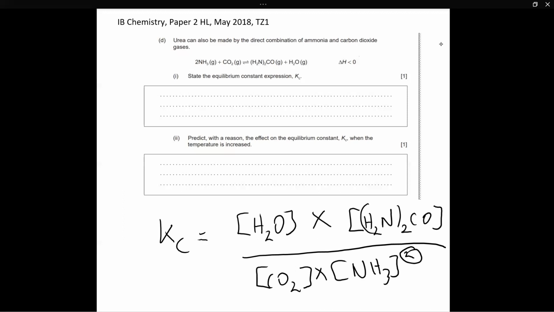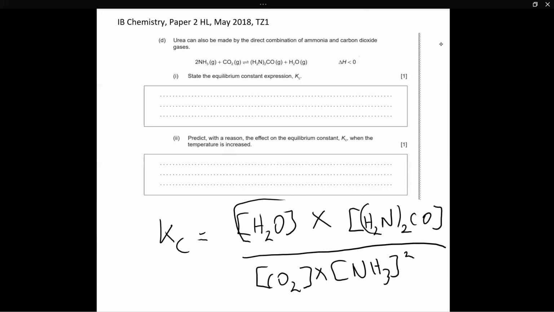Now, why have I put this 2 here? When you are writing the expression of Kc or calculating Kc, you multiply the concentrations together.